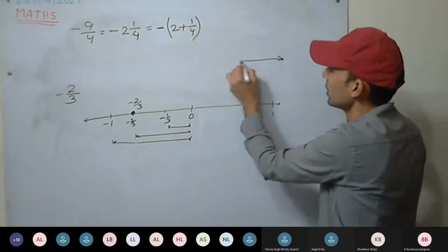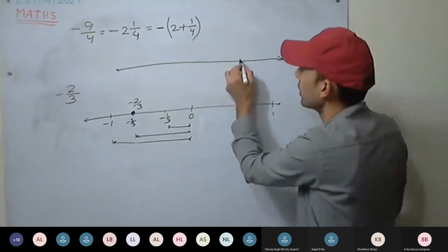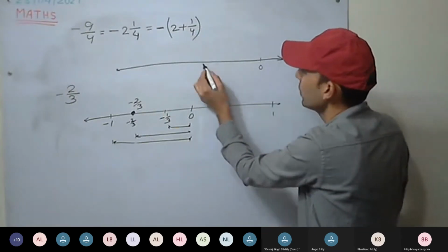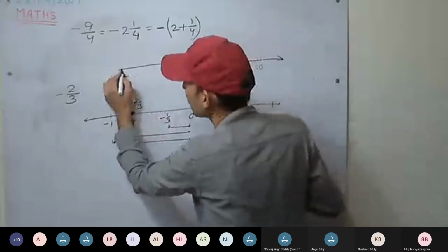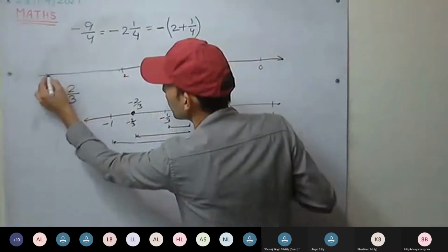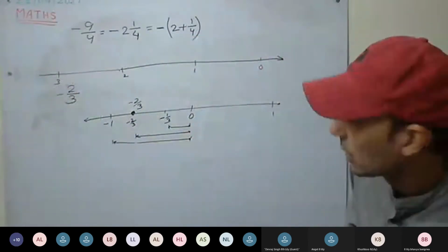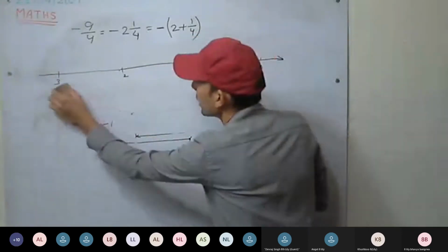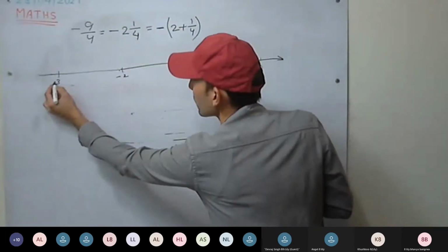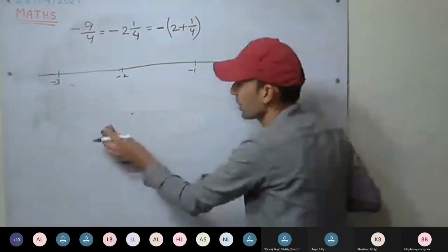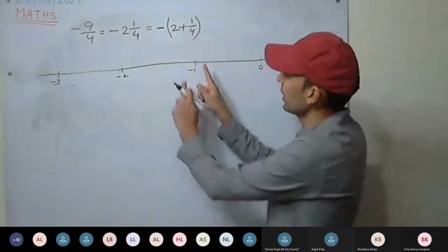So the number line: 0, 1, 2, 3, or we can start from 1, no issues with that. And it will be minus, minus, minus. Understood?